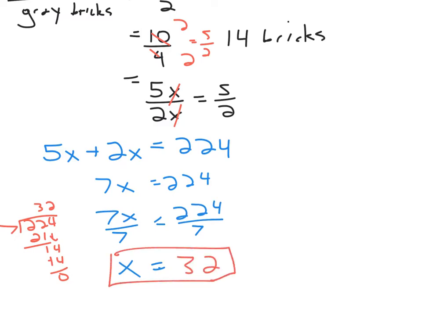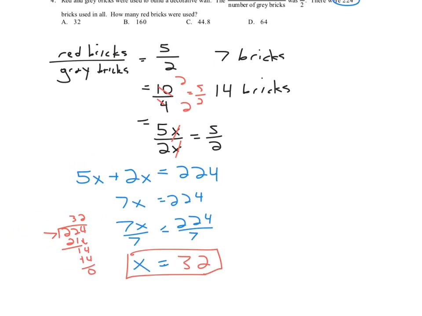That's the value of x, and you need to put it back in. So I'll show you that in a second. So what we need to do now is find out what's the actual number of each kind of brick. Or actually, let's just read what they're telling us up top, because I think that they're asking for a specific piece of information.